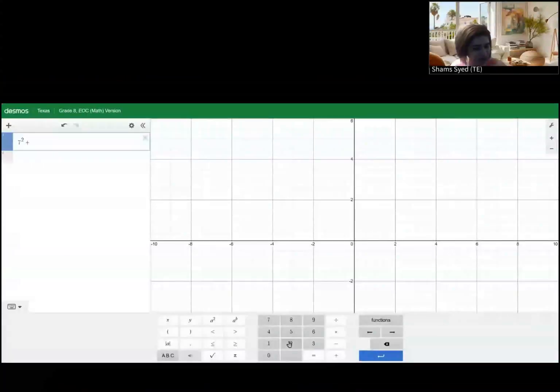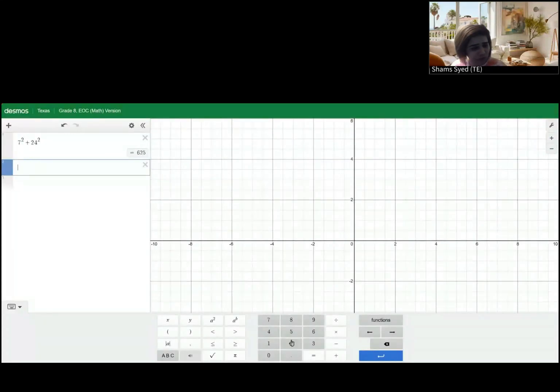Answer choice A says the two shorter sides are 7 and 24. So 7 squared plus 24 squared. Is that equal to 25 squared? It seems to be working.